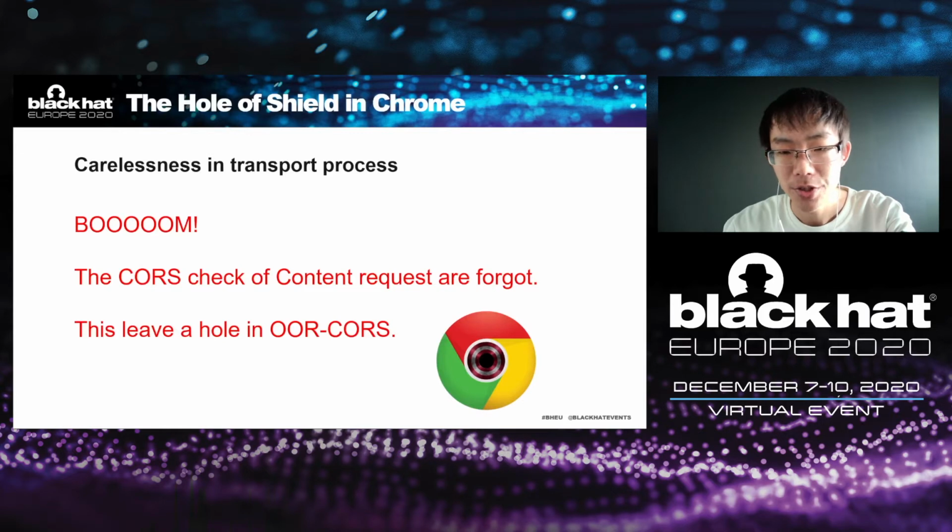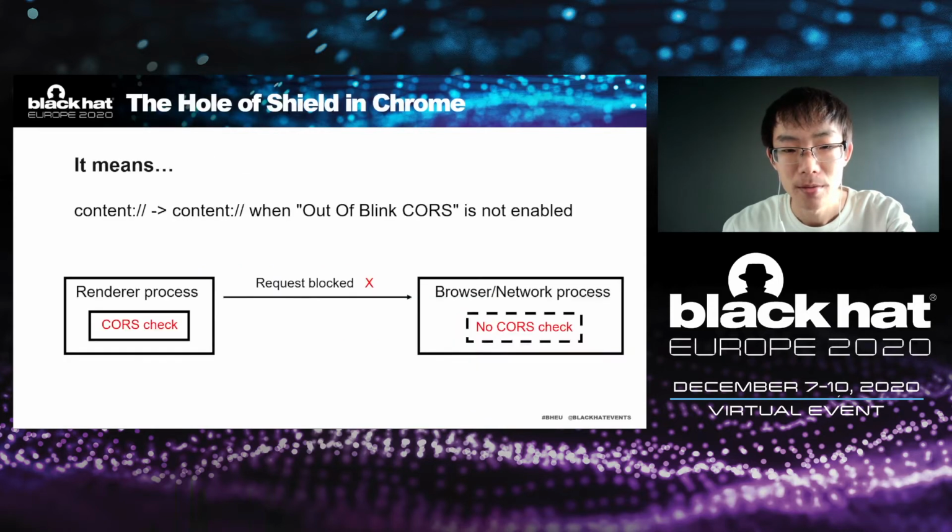Unfortunately, the two checks mentioned before are not moved to the network service. The checks turned off in the renderer don't appear in the network service. This leaves a hole in OOR-CORS. It means before Out-of-Blink CORS is enabled, the request between content domains will be blocked because of the CORS check in the render process.